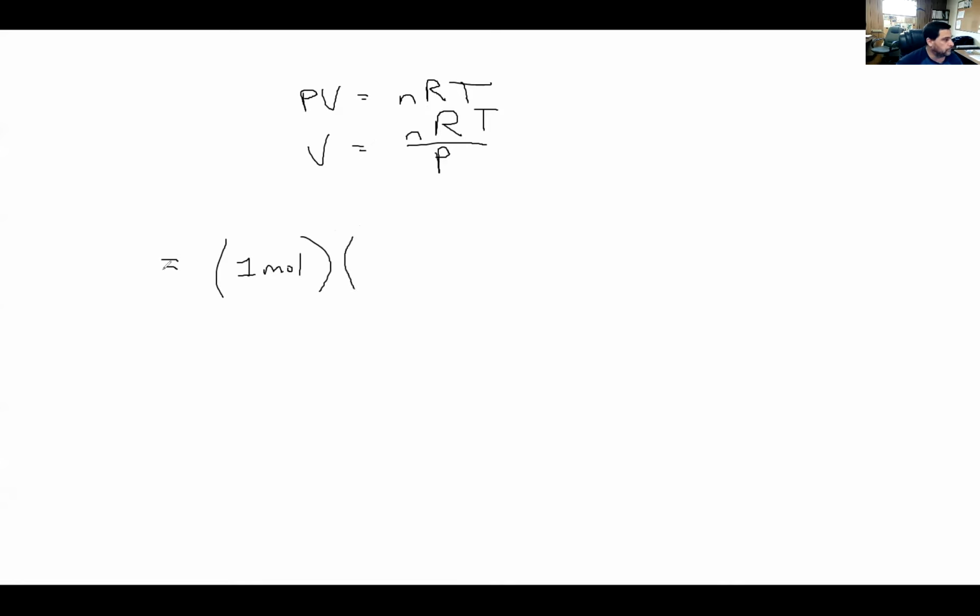R, which is your universal gas constant, which is 8.314 joules per mole per Kelvin.